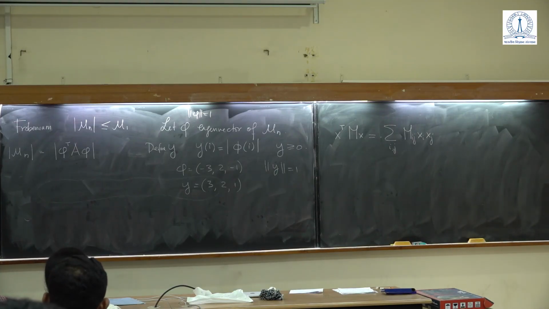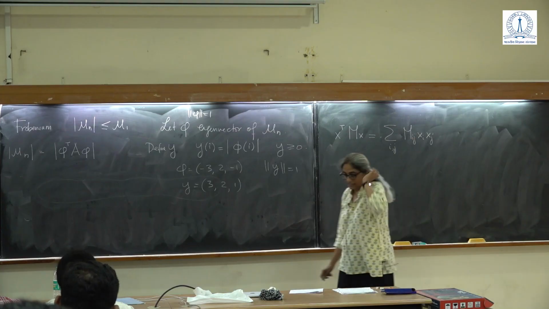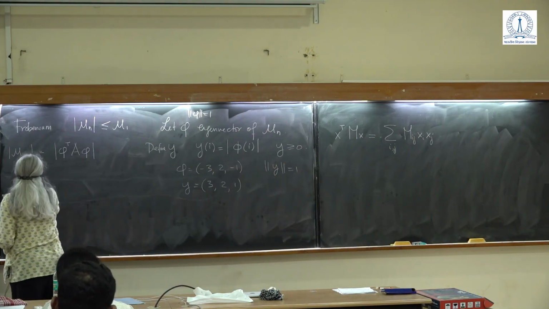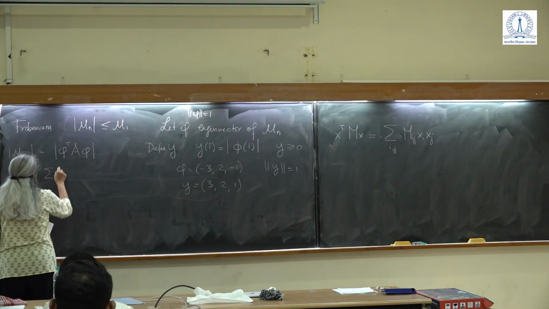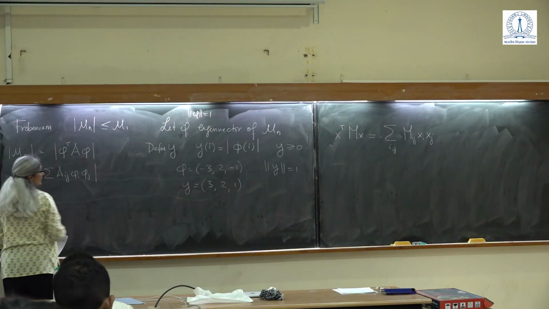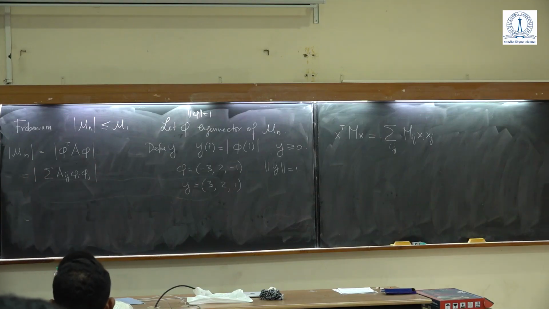We go through the whole matrix, pick out every single entry m_ij, multiply it by x_i x_j, and do this for every i, j. So this is really the absolute value of the sum of a_ij phi_i phi_j.